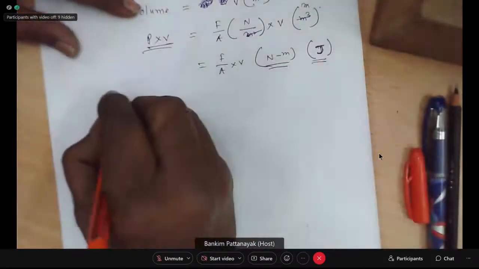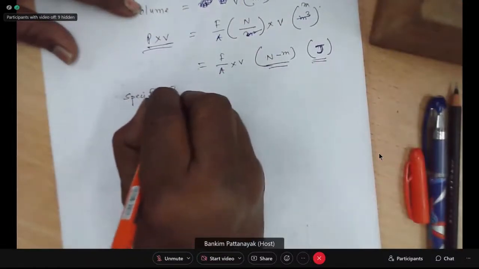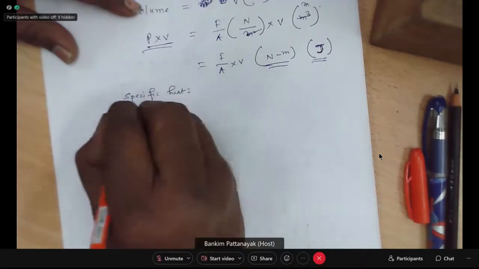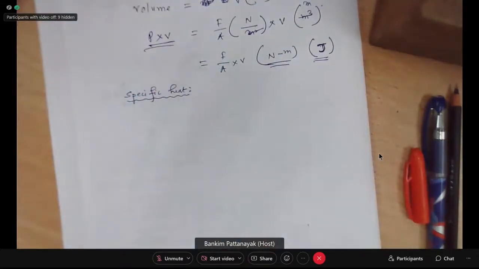What is specific heat? Specific heat basically is the amount of heat energy required to raise the temperature of a substance by 1 degree.